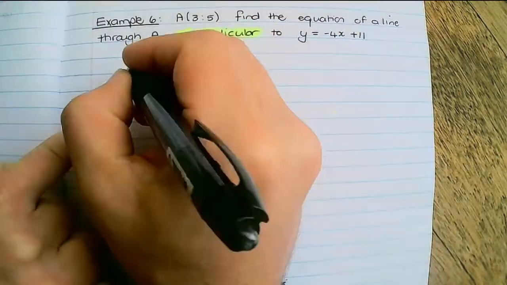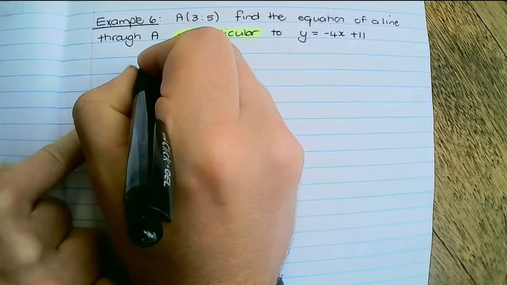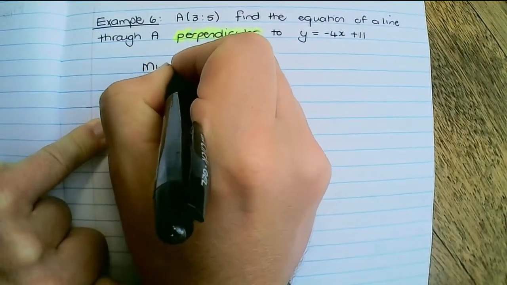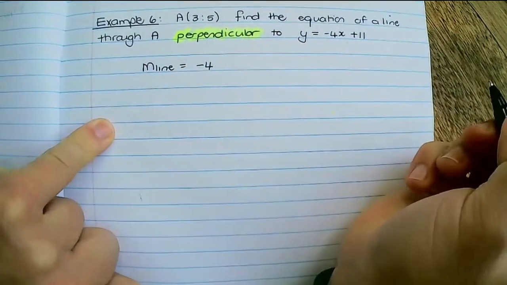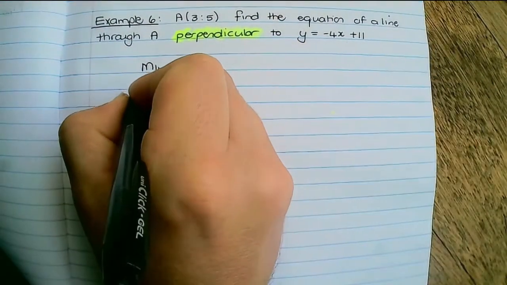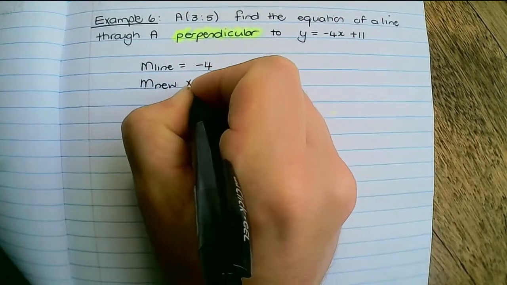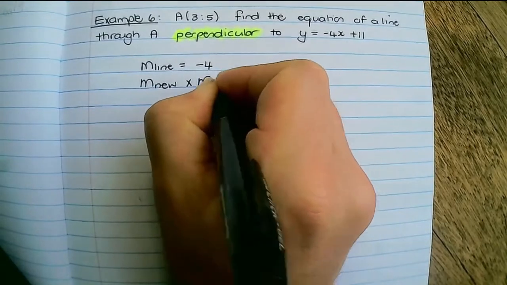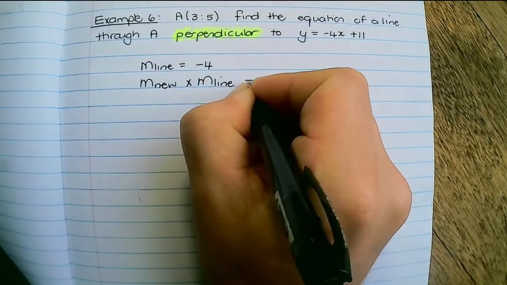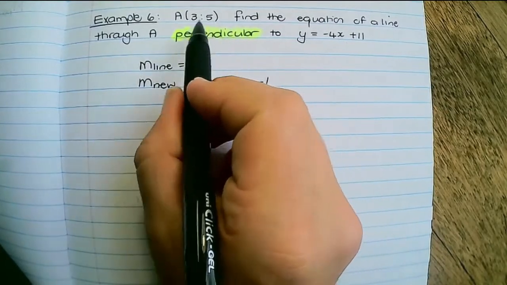So what we know is that from the equation of this line, its gradient is equal to negative 4. And the gradient of the new line, which we need to find, times the gradient of the line that is given, must be equal to negative 1 if they are perpendicular to each other.